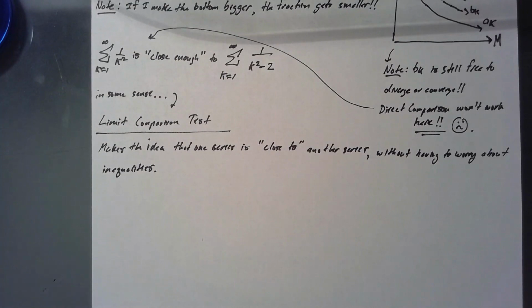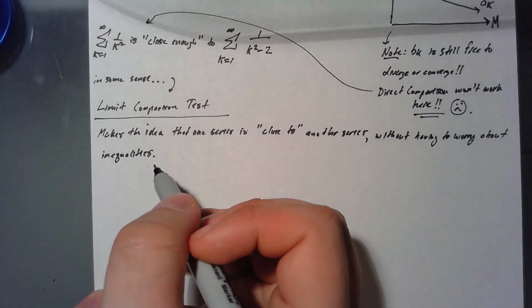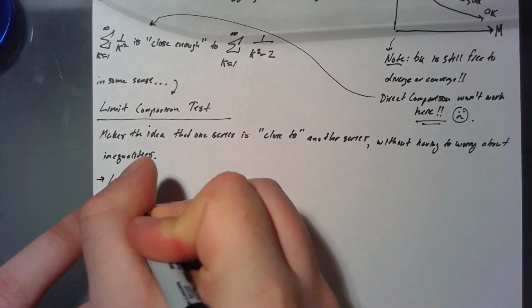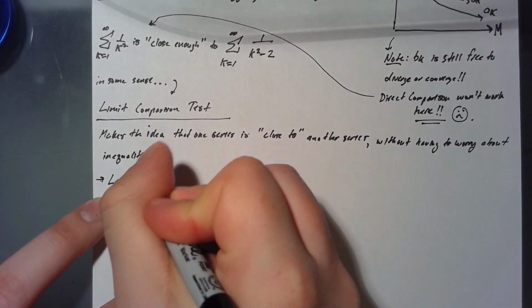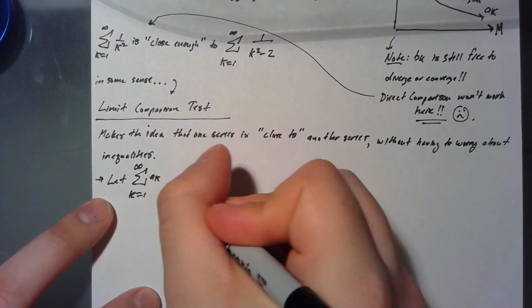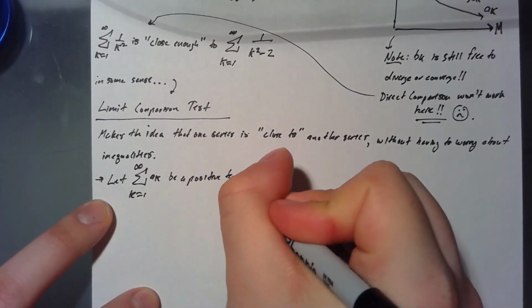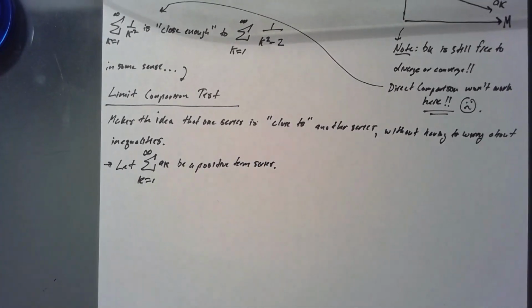Okay. So how does the limit comparison test work? Well, here it is. I'm going to let some series a of k be a positive term series, like you've seen already, pretty common.